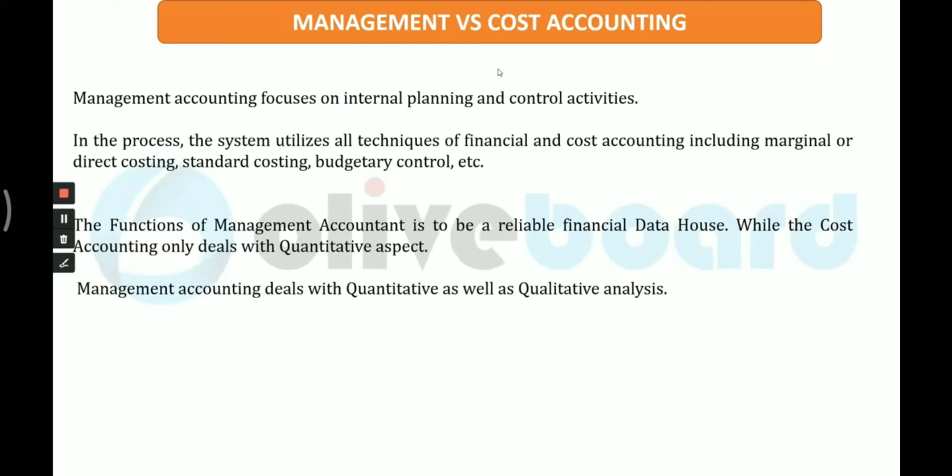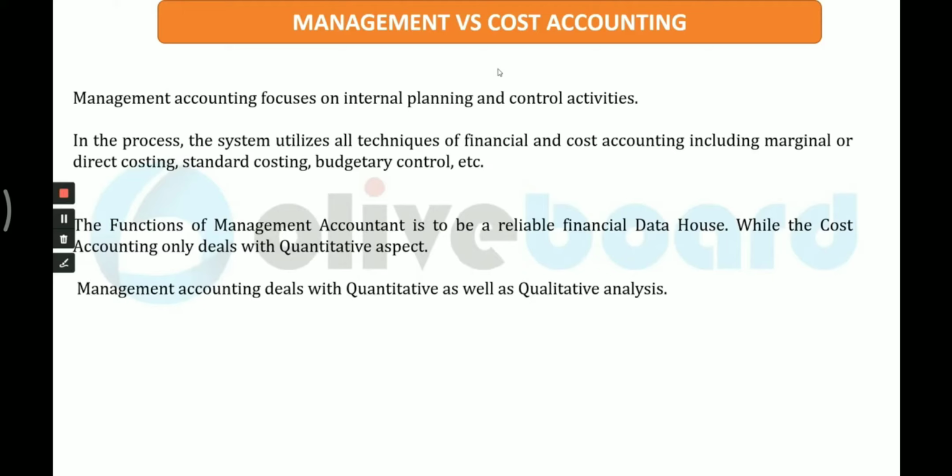It will take cost accounting techniques like marginal costing, direct costing, standard costing, and budgetary control. They use various techniques to understand the financial position and the effectiveness and efficiency of an entire organization. That is called management accounting. But cost accounting talks only about which one? The cost part, the quantitative part.